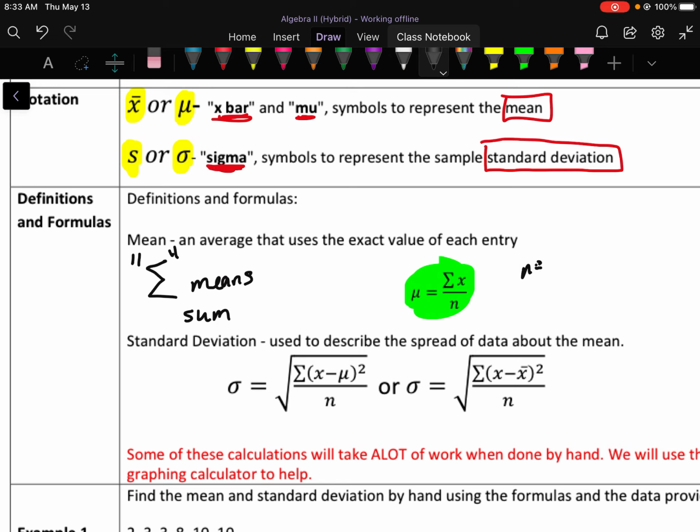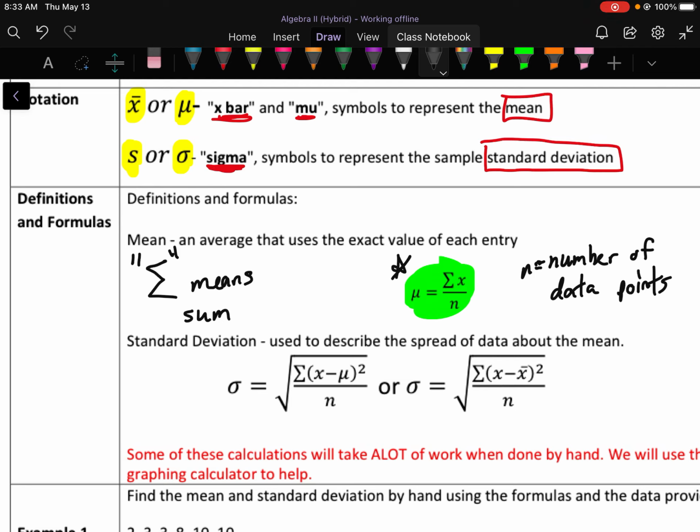N is the number of data points. So exactly how you probably would describe the mean, you add up all the pieces of information and divide by how many there are. That right here is just the same thing in statistics notation.